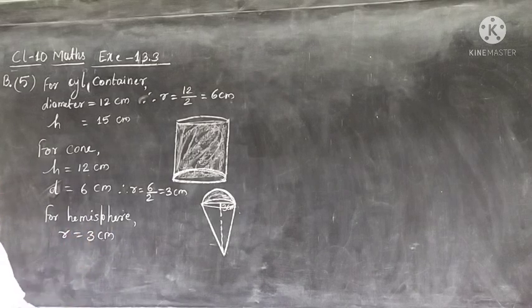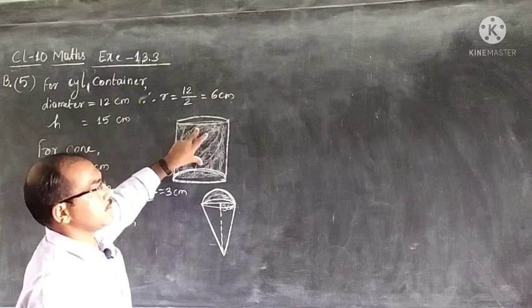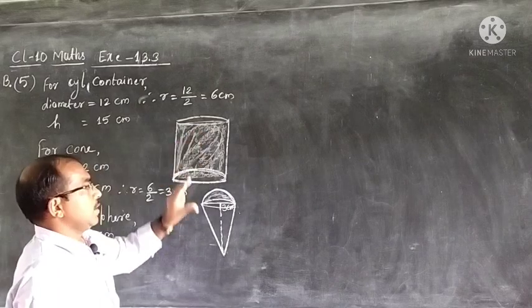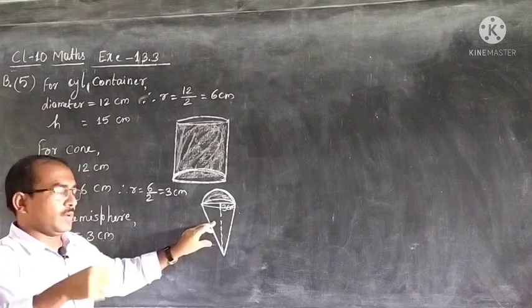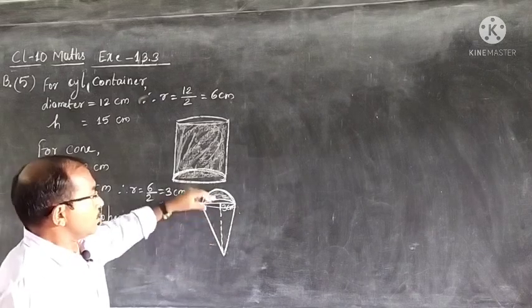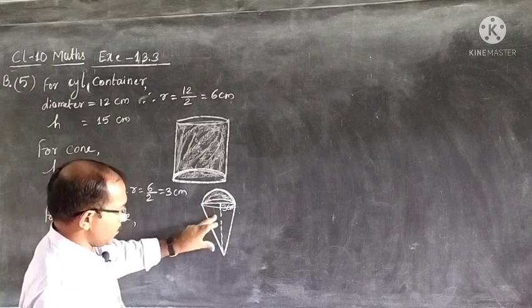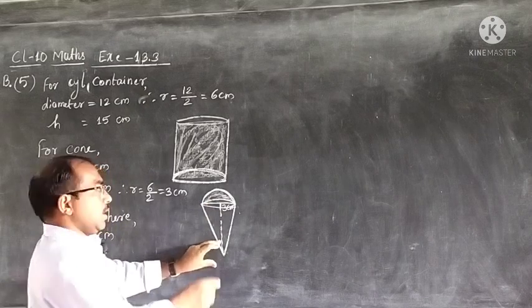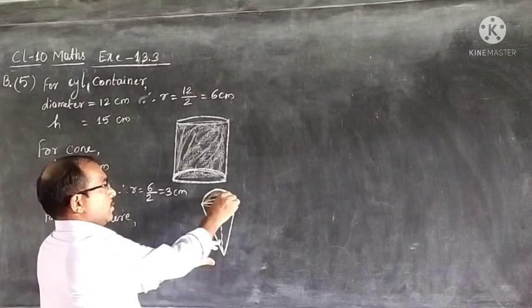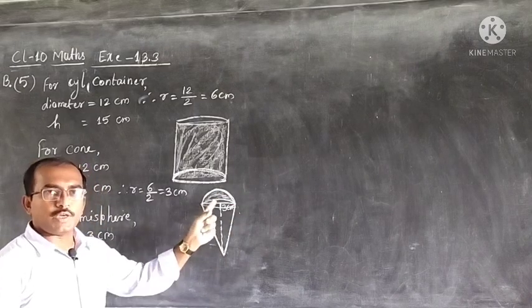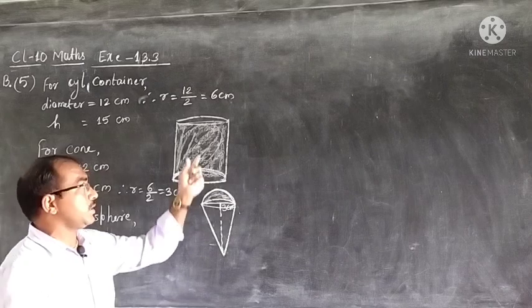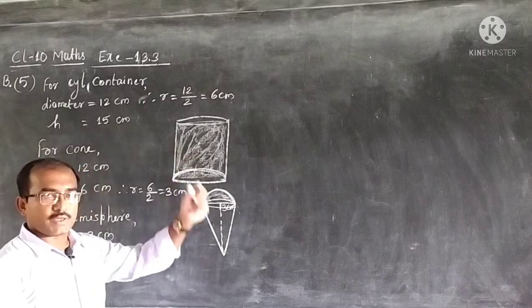So, what is asked in the question? This container is full of ice cream. This kind of conical shape biscuit is there, and ice cream will fill it. So, when it is filled, this conical portion will be full and then the top will be hemispherical. So, how many cones with hemispherical top can be filled with this amount of ice cream?